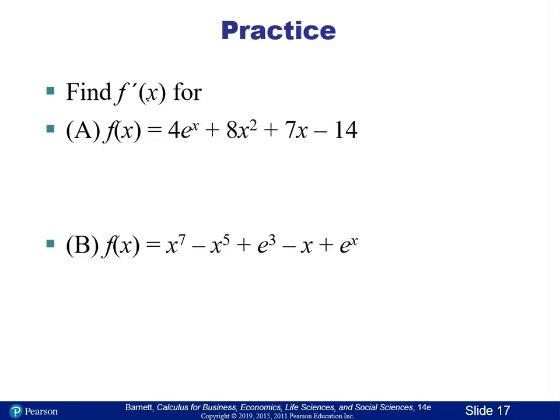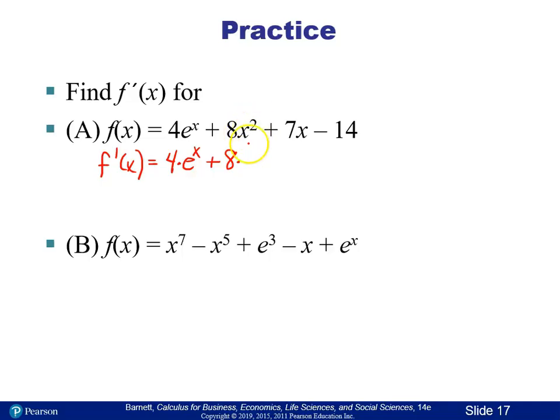Okay, a couple for you to practice with. Really concentrate on which property you are applying when you take the derivative of each term. For A, you've got the constant multiple times the derivative of e to the x, which is e to the x. Here we've got the constant multiple times the derivative of x squared.